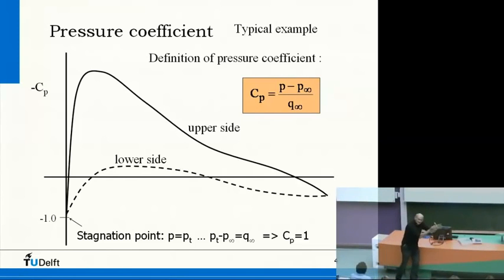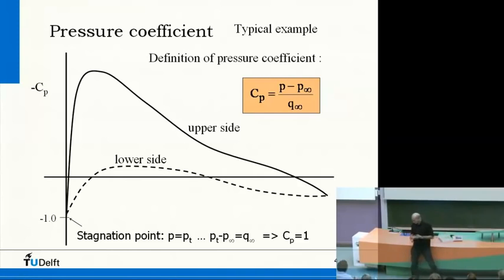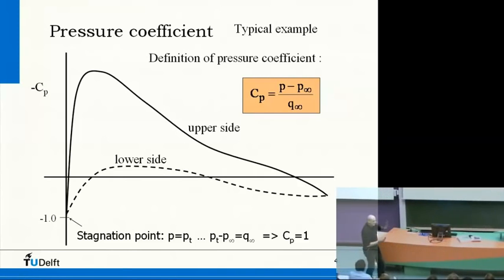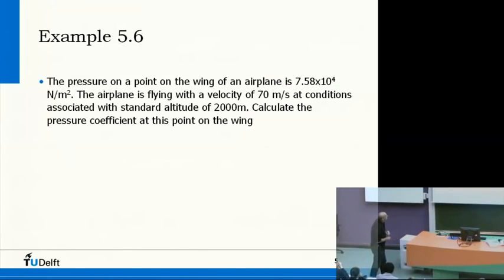And then in this reservoir, V is 0. So in this reservoir, we have the total temperature and the total pressure. Right? Okay. I will come to that later, maybe. Okay.